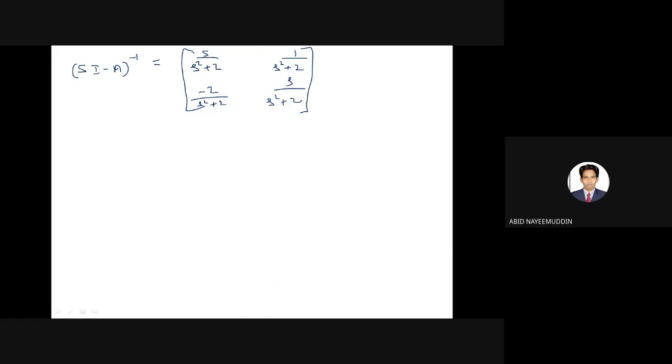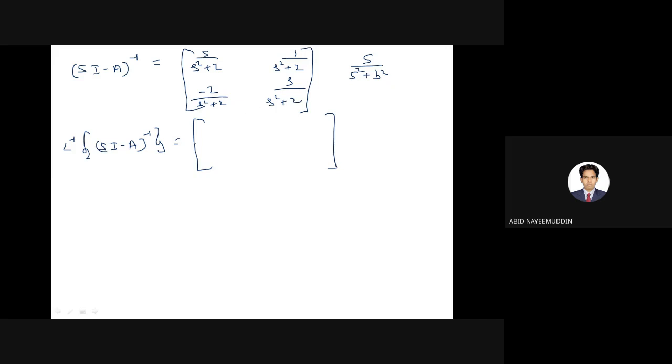Now next you need to apply inverse Laplace transformation of (sI minus A) whole inverse. So L inverse of s by s square plus 2. You have one formula, s by s square plus b square, so I can assume b as root 2.